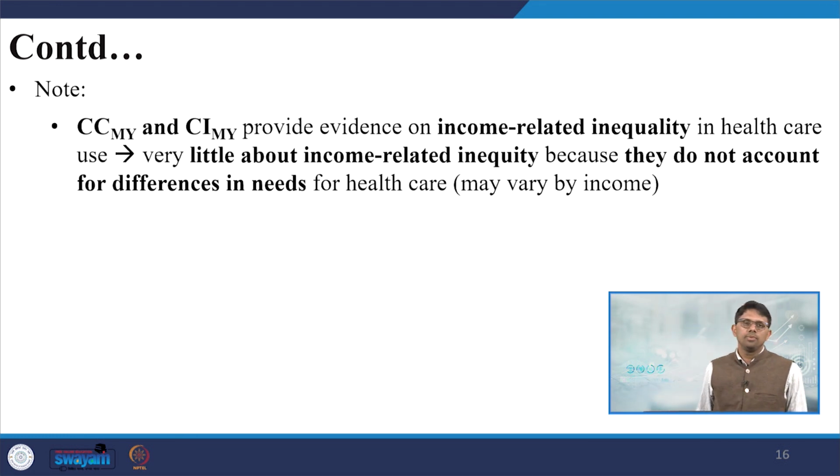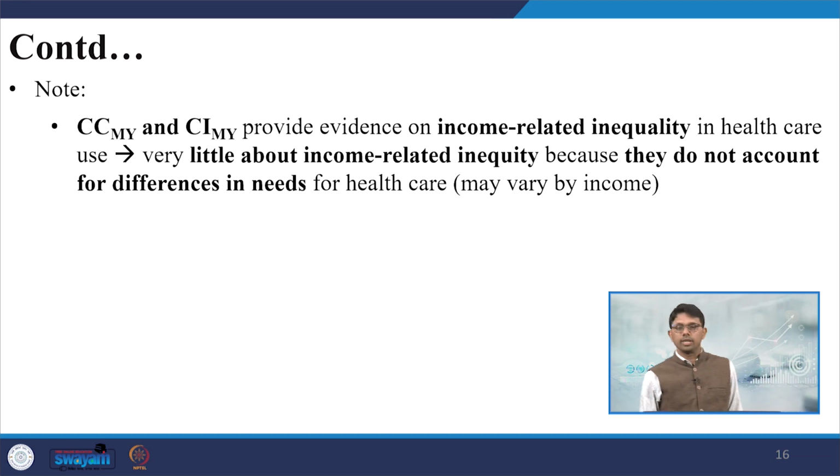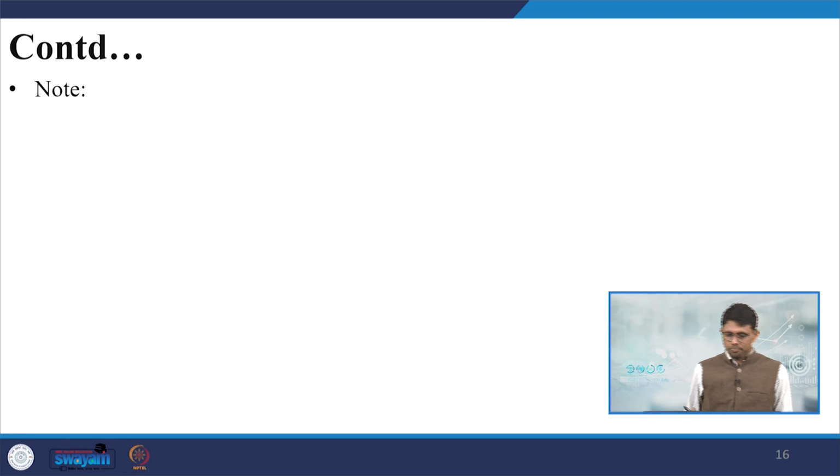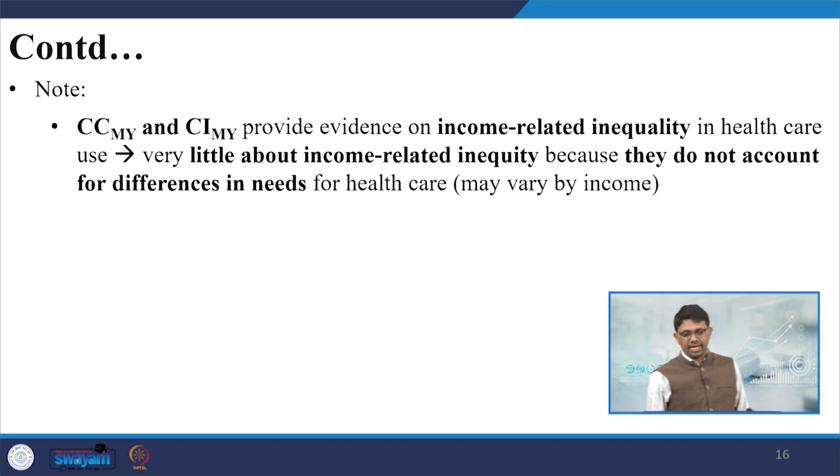So, CCMY and CIMY, one is a curve and another an index, provide income related inequality in healthcare, and this gives very little about income related inequity, because they do not account for differences in needs for healthcare, because we only discuss healthcare spending largely.